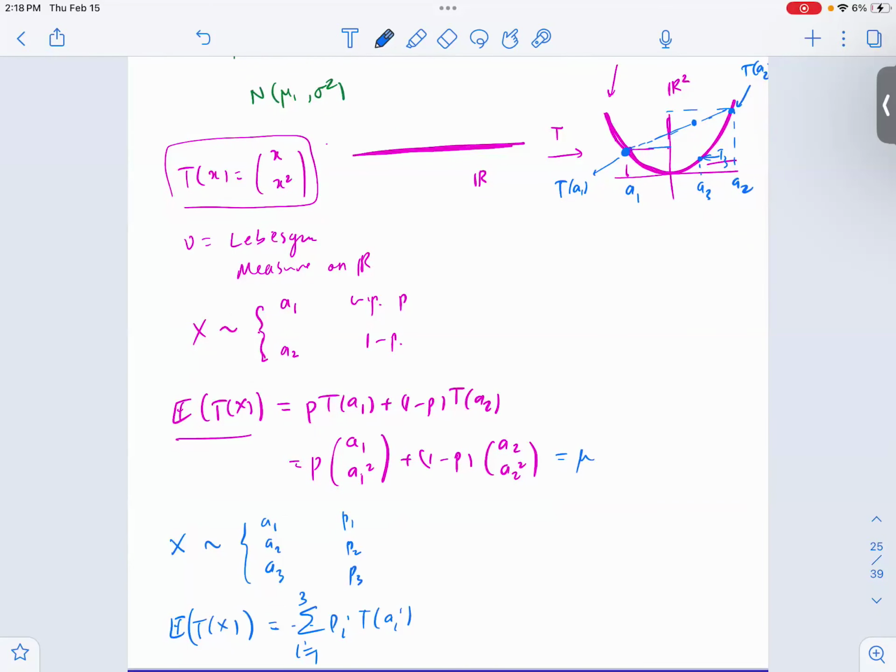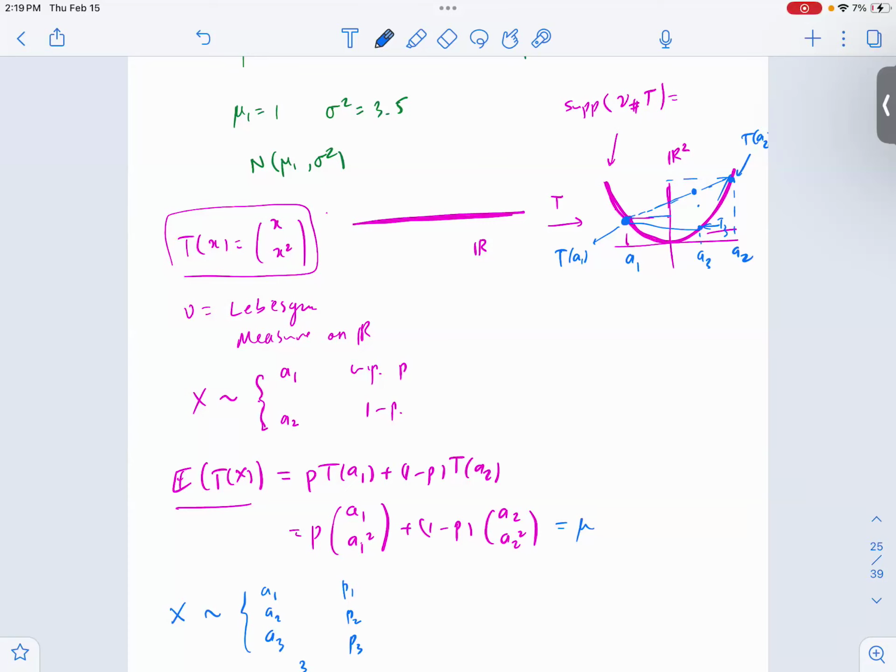P1 and P2 can be anything between 0 and 1, and then P3 is 1 minus those. As I vary, what is this quantity? This is again a convex combination. You'd form the triangle, and it's going to be somewhere in between. As I vary that distribution, it's going to carve out everything in this triangle.